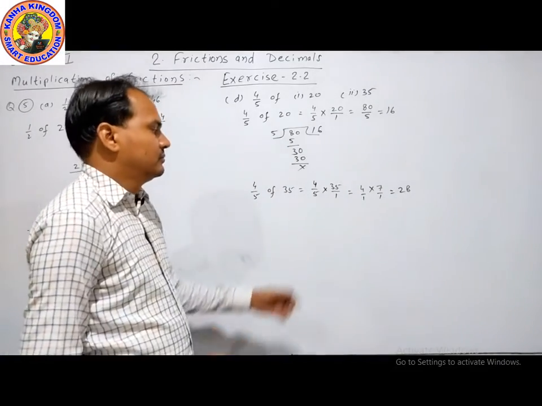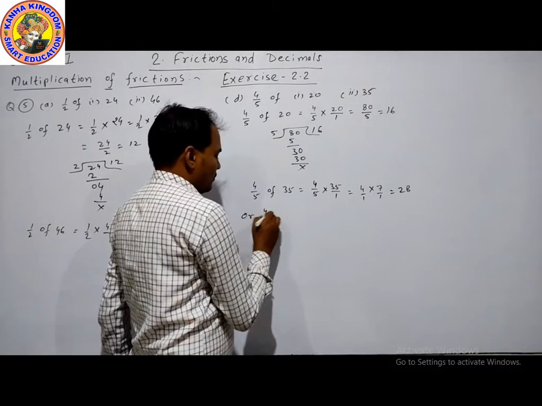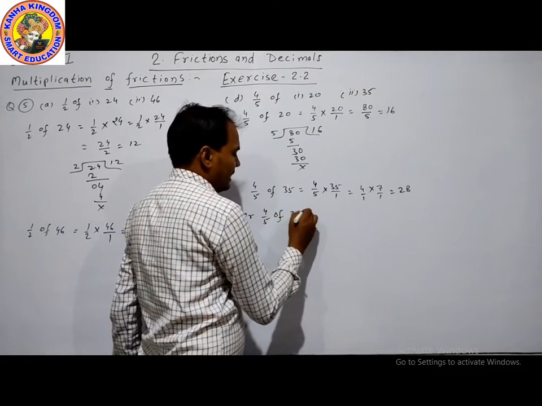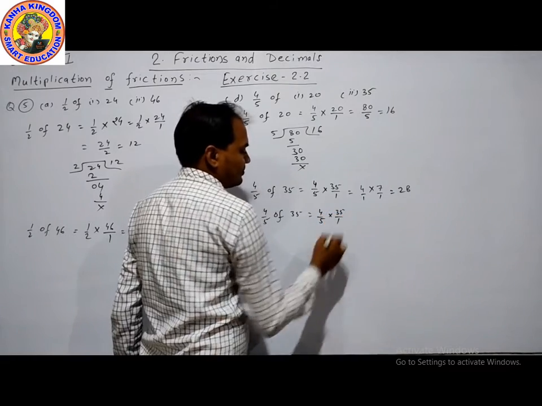Answer is 28. In another way, 4 by 5 of 35 is equal to 4 by 5. "Of" will be replaced by multiply.